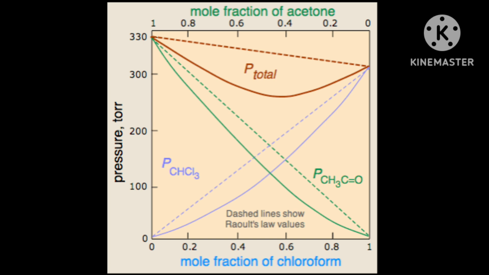Very important things I have told you. This will lead to the formation of ideal solution. And now cases will come. A perfectly ideal solution is rare. It is not common, rare.